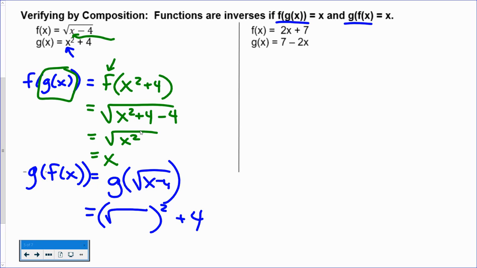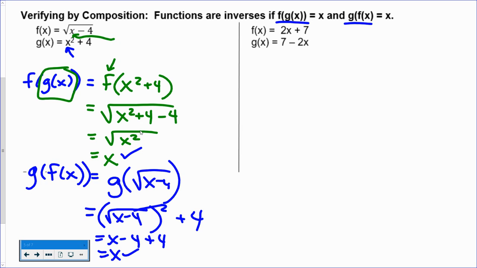So I'm going to plug in the square root of x minus 4, and square it, which would cancel out my square root. So then I'd get x minus 4 plus 4, and negative 4 plus 4 would be 0. So I just showed that I get x when I plug in the function into its other function. So they have to be inverses.